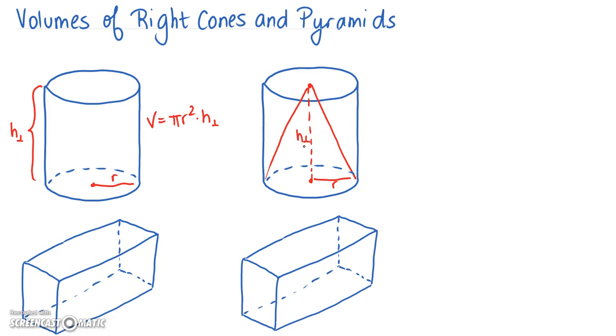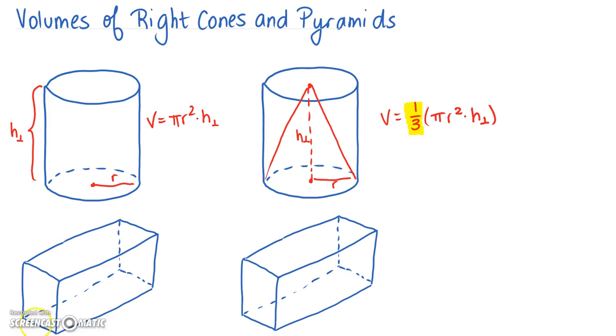The difference is, going from a cylinder to a cone, the volume is actually nicely 1/3 the volume of the corresponding cylinder. So the area of your base, pi r squared, times your perpendicular height. So a cone versus a cylinder, the only difference, and this is kind of important just to identify, is that it is 1/3 of the volume.